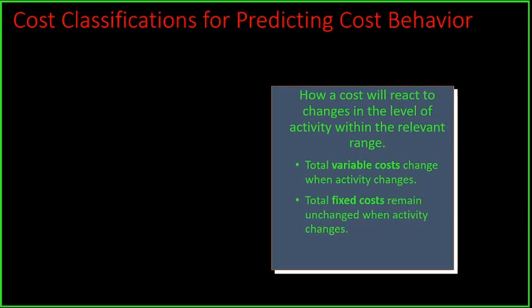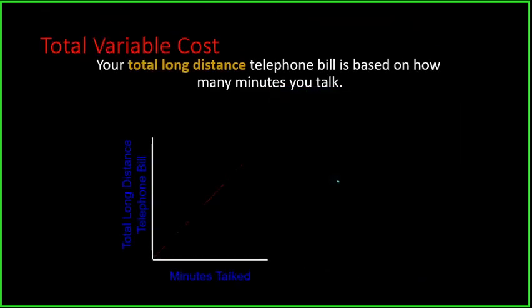Okay, cost classification for predicting cost behavior. There are different kinds, but the most basic will be your variable cost and your fixed costs. So what are variable costs? Variable costs are costs that vary in total, but are constant per unit.